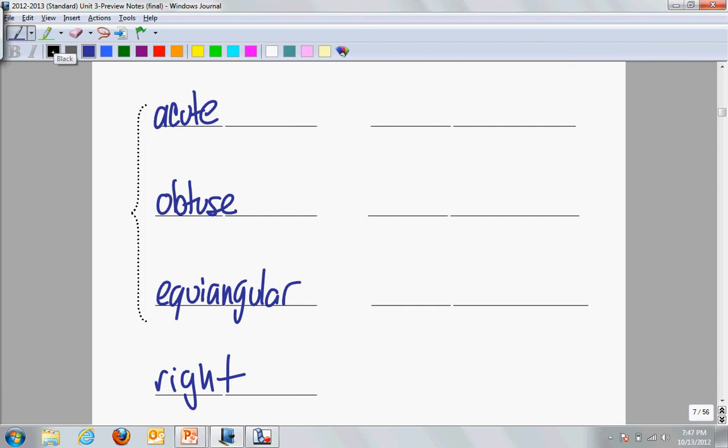Acute would be a triangle whose angles are all less than 90 degrees. Less than 90 degrees.